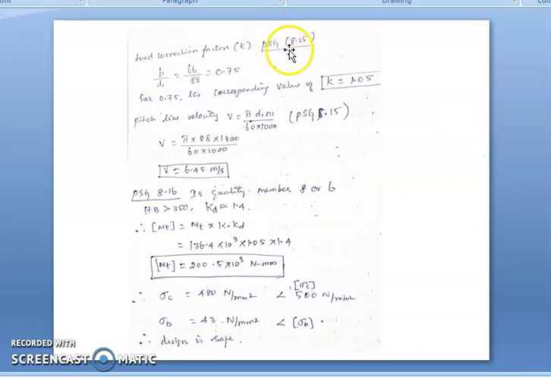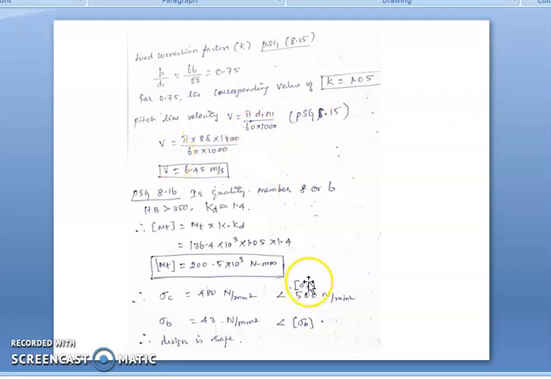From page number 8.15, we have the formula for the load correction factors, that is the ratio B by d1. We know the values of B and d1, so B by d1 is equal to 0.75. For 0.75, the corresponding value of K from the data book at page 8.15 is 1.05.